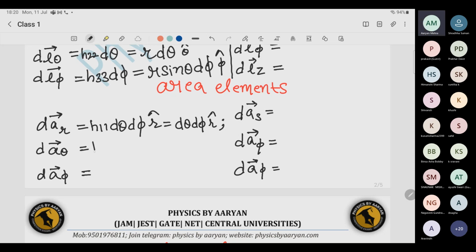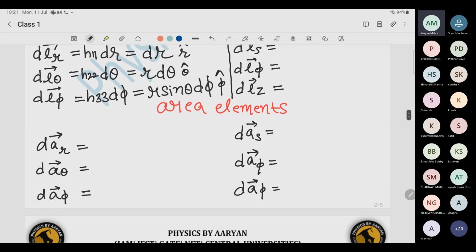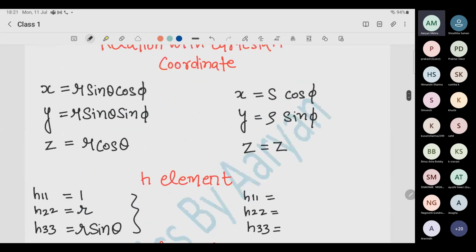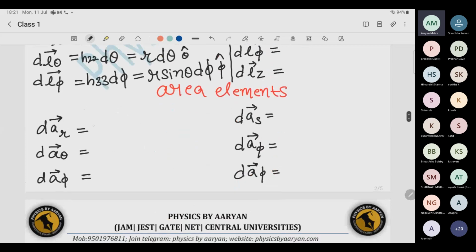Here now comes h22. Oh, sorry. You are right. I'm sorry. So what you need to do is, if your r is fixed, then you have to write h22 h33 d theta d phi r cap.